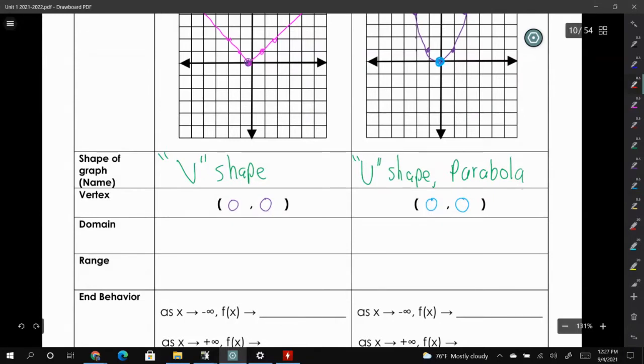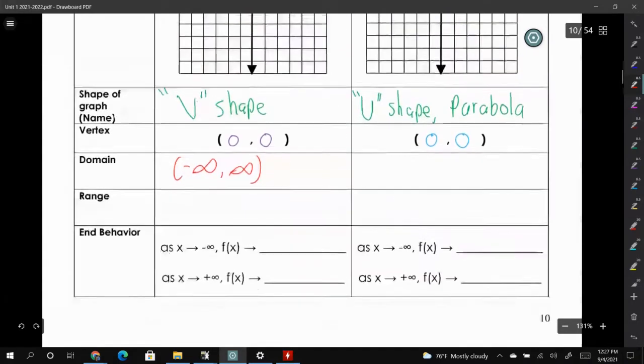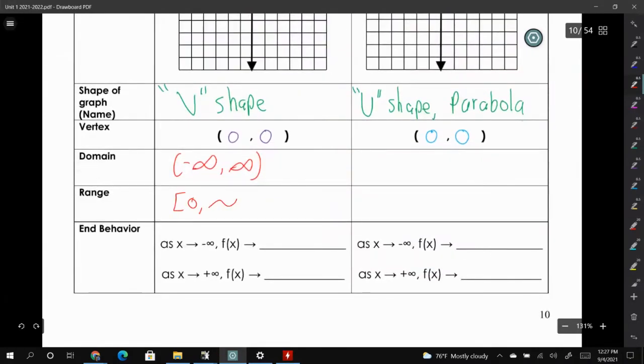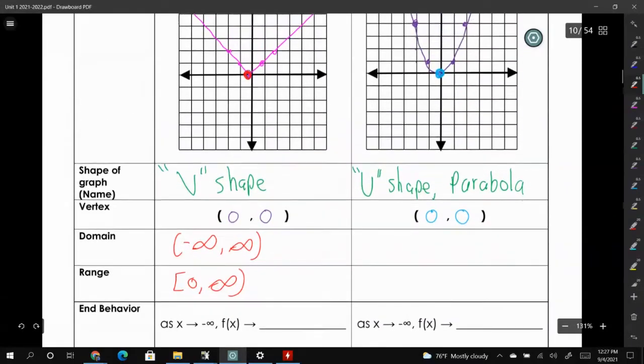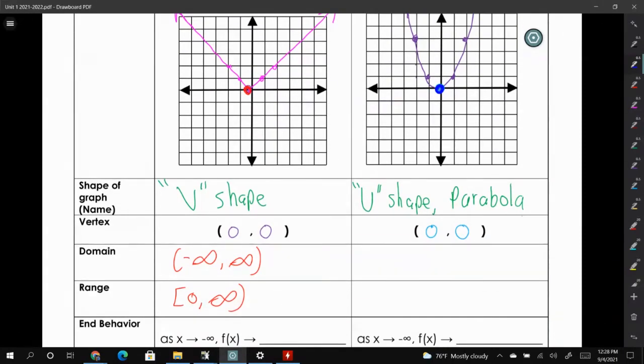Domain and range. We know for the absolute value function, the domain was -infinity, infinity. And in this instance, the range, the smallest y value is 0, and we go all the way up to infinity. The exact same happens with our quadratic function over here. The graph has the smallest y values right here, and our y values are going up, so the range is the same, and the domain is also the same.